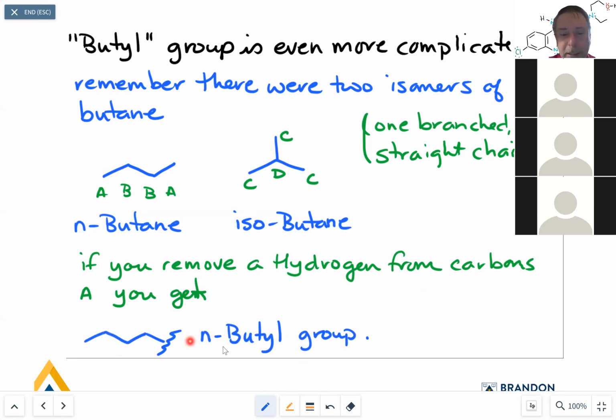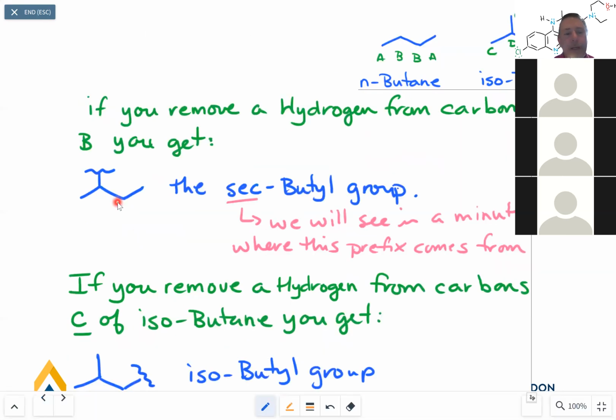So you'll always see the n-butyl in front of that. That's the simplest of all of them. If you take off a proton from either one of the 2 middle carbons, you generate 2 of these groups to be the same.